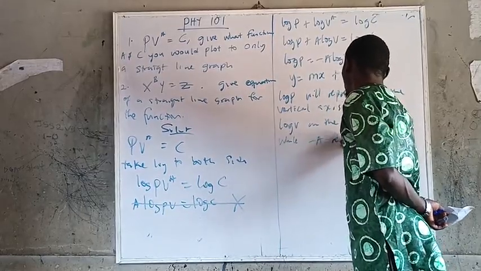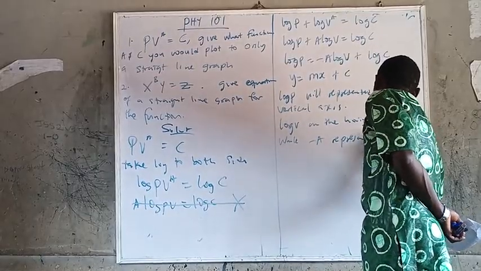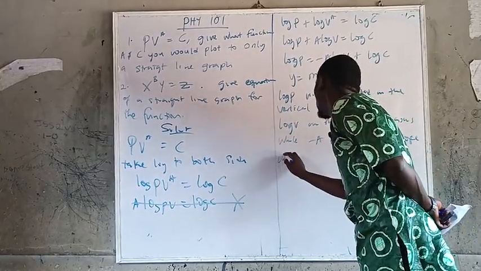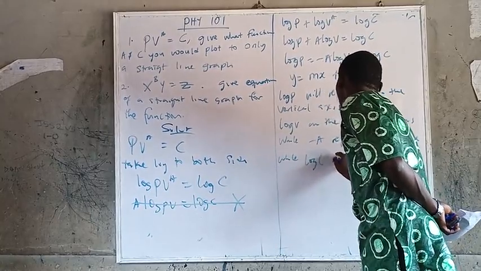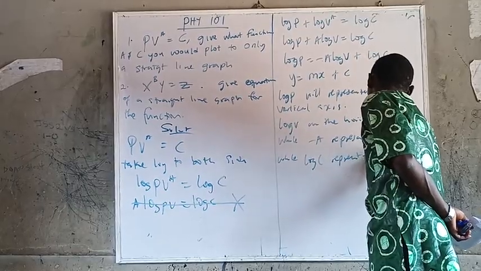Minus A represents what? Represents the slope. Log C represents the y-intercept.